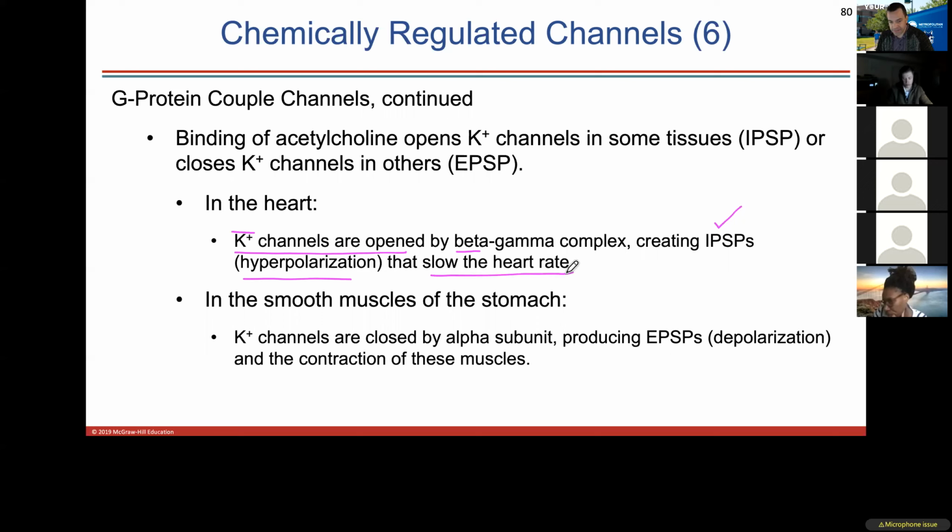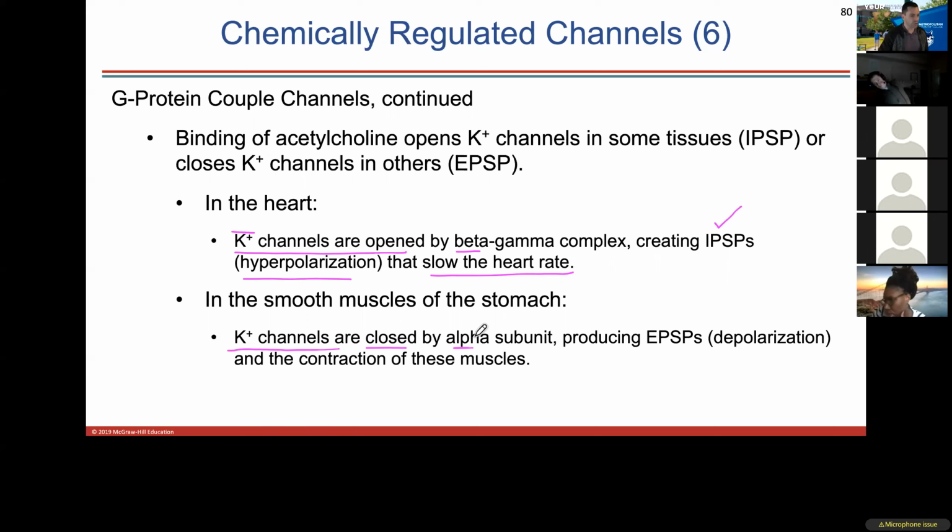If we look at the smooth muscle of the stomach, because remember, we are resting and digesting here, right? These are things that we do not control, involuntary, and that's what the autonomic nervous system is. In the smooth muscle, we close these channels, and that's the alpha subunit's doing.